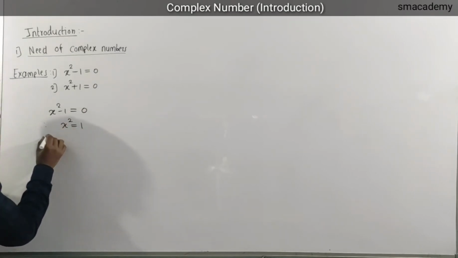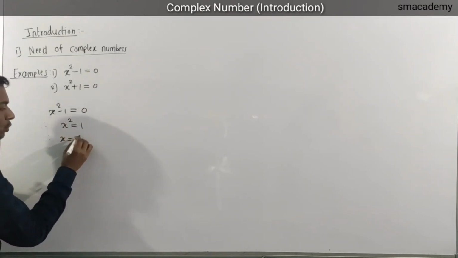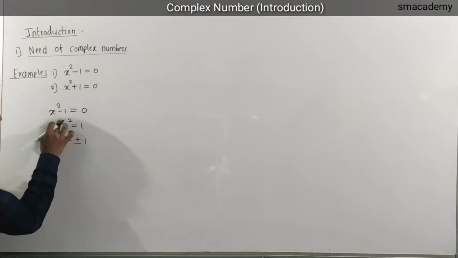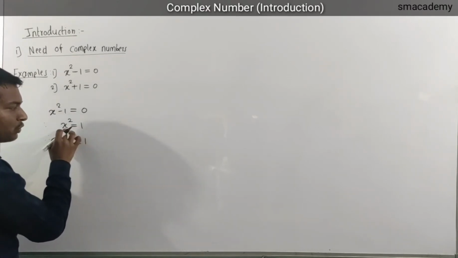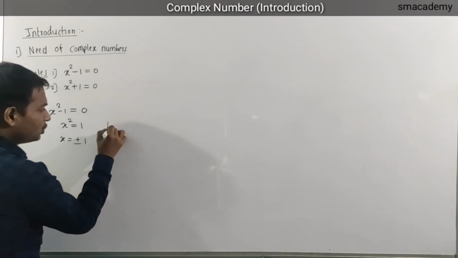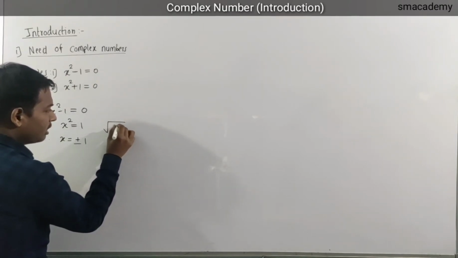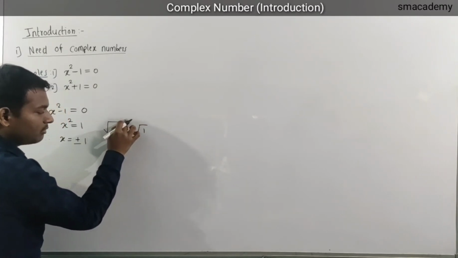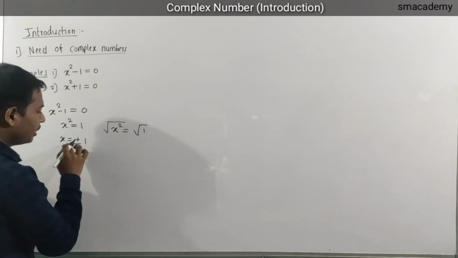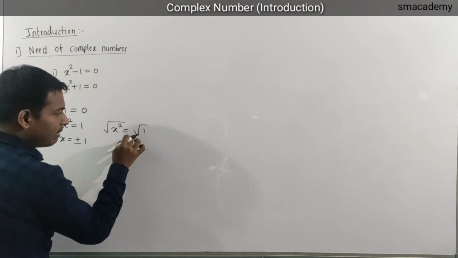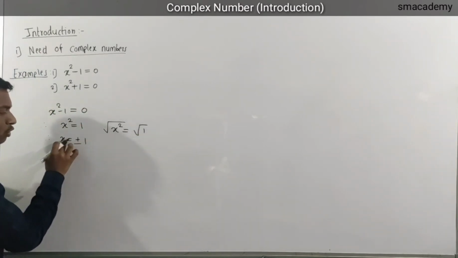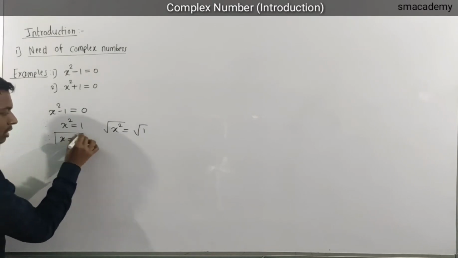Now this implies x is equal to plus minus 1, because x square equal to 1, taking square root on both sides, we get square root of x square is equal to square root of 1. Square and square root cancel, therefore we get x is equal to plus minus root of 1, but root of 1 is equal to 1, therefore we get x is equal to plus minus 1.